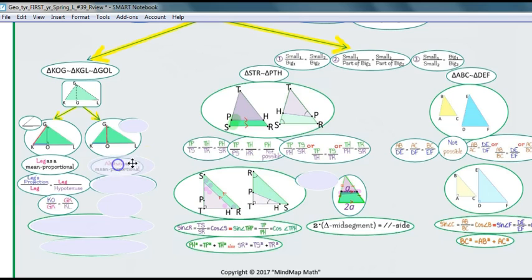Then the rule that you would apply is: the altitude is a mean proportional between the parts of the hypotenuse formed by that altitude. To remember this rule, you might want to use this symbol. So the altitude is your mean proportional between the two parts of the cut hypotenuse. The same rule after the substitution will look like this proportion.